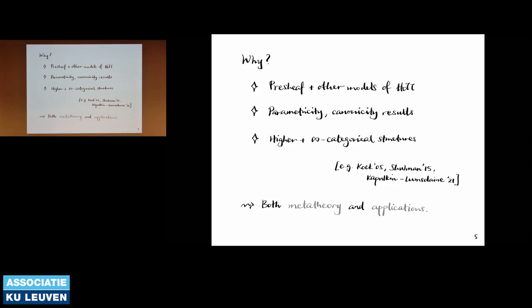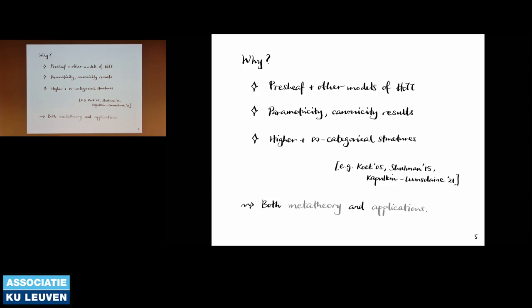They give you parametricity and homotopy canonicity results. So these results are, for example, by work of Shulman and Kapulkin and Lumsdaine. And finally, it's well known that they are used as building blocks for higher and infinity categorical structures.